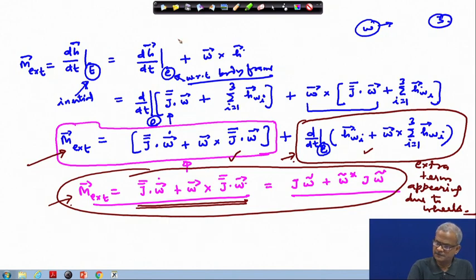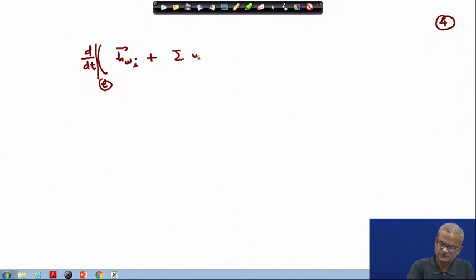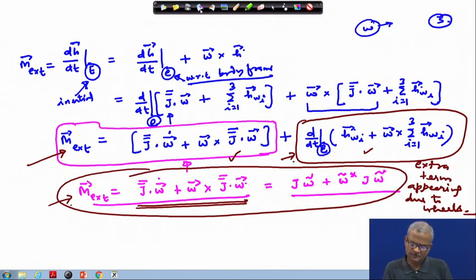Summation omega cross H W. Here this term is separate, we should remove this part, and this part is written separately.